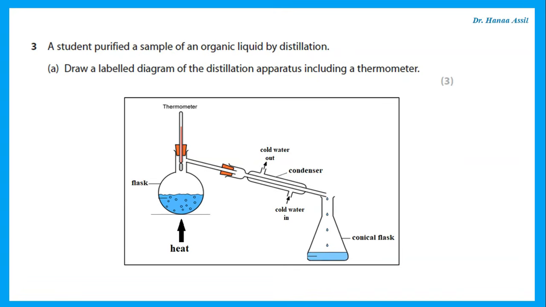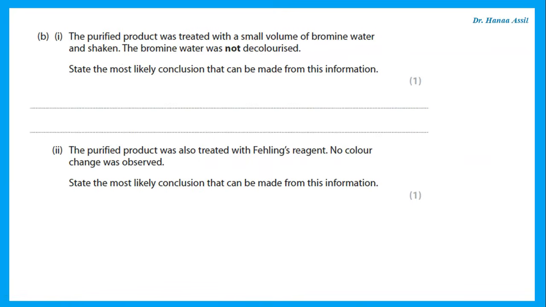Remember, the condenser is a tube with a jacket around it in which the cold water goes in from down and goes out from the top, and then you should have some sort of a receiver container, whether a conical flask or a beaker.